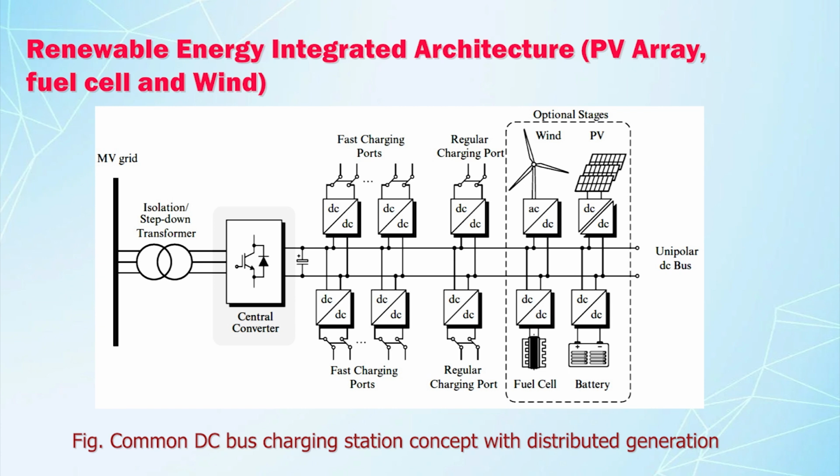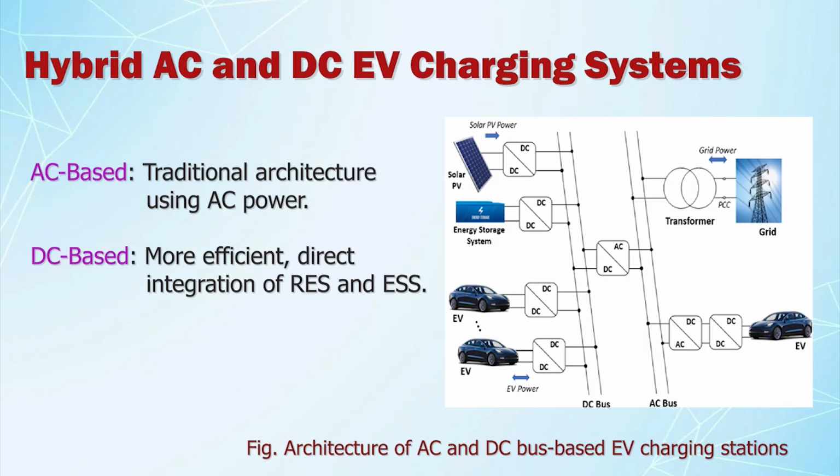the wind and solar type of renewable energy sources. We have hybrid AC and DC charging systems. We can also develop hybrid charging stations where these renewables are integrated, but on the other side, with the help of renewable energy, we may generate hydrogen.